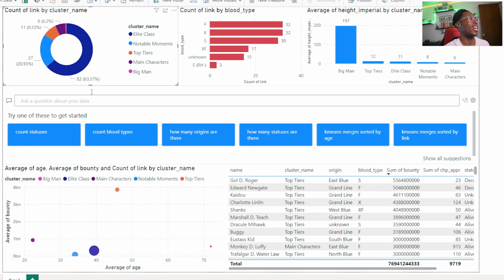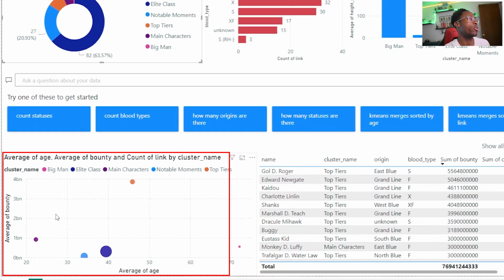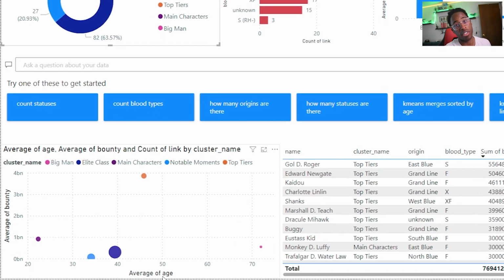In this middle part, I tried to put this Q&A section. We'll play around with that and see how that works. And then on the bottom, we have a scatter plot which shows the average age of the cluster by the average bounty, and the size denotes the number of characters in that cluster.